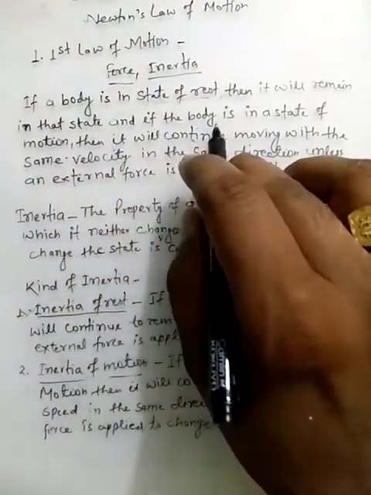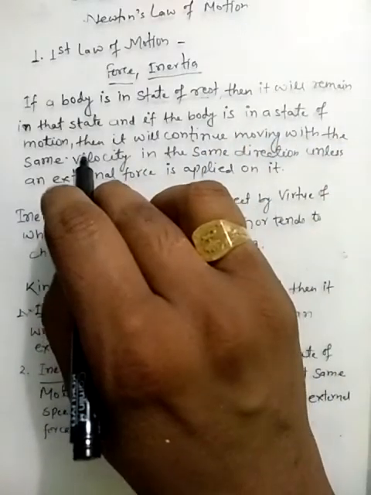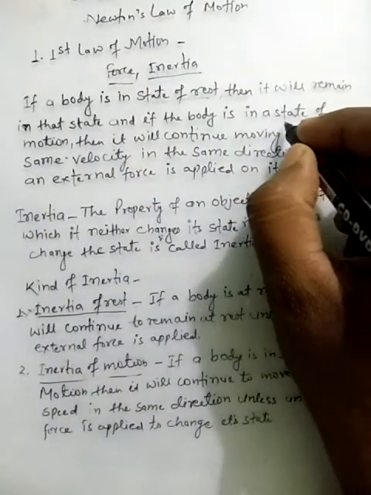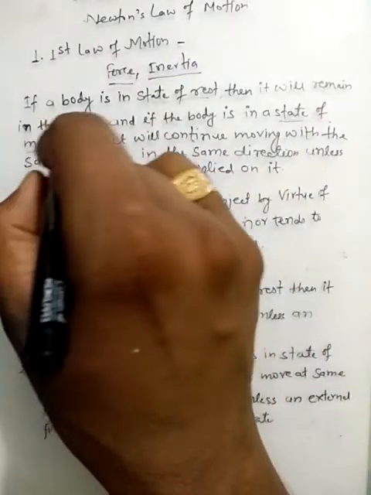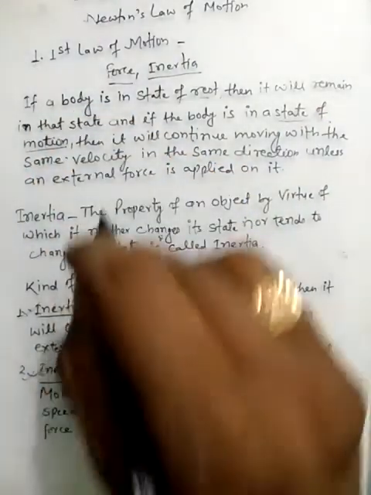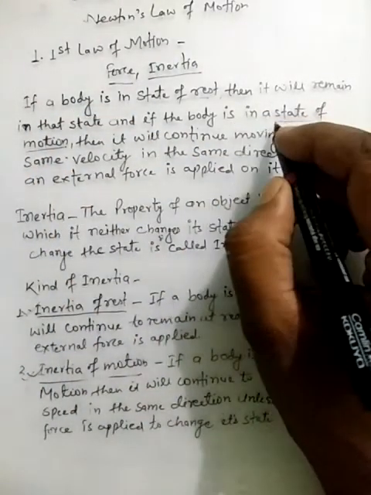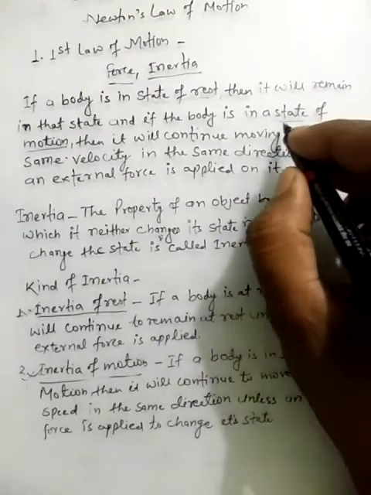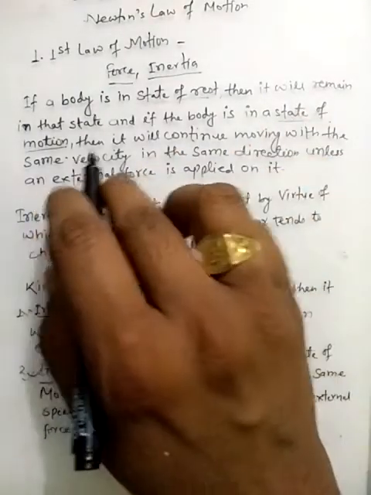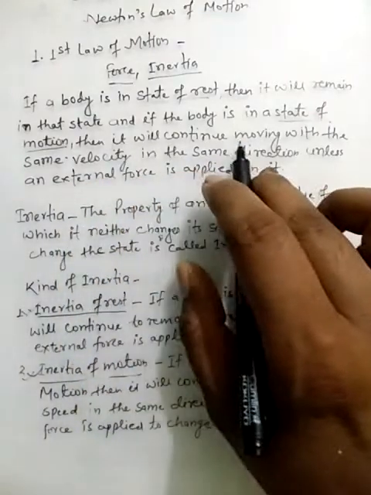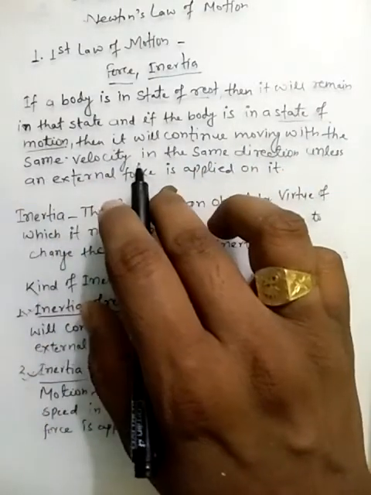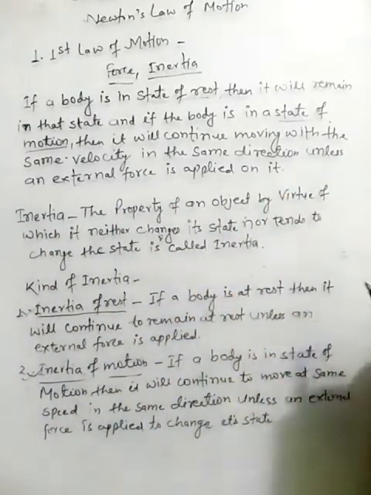And if the body is in a state of motion, this state represents the inertia of motion, then it will continue moving with the same velocity in the same direction unless an external force is applied on it.